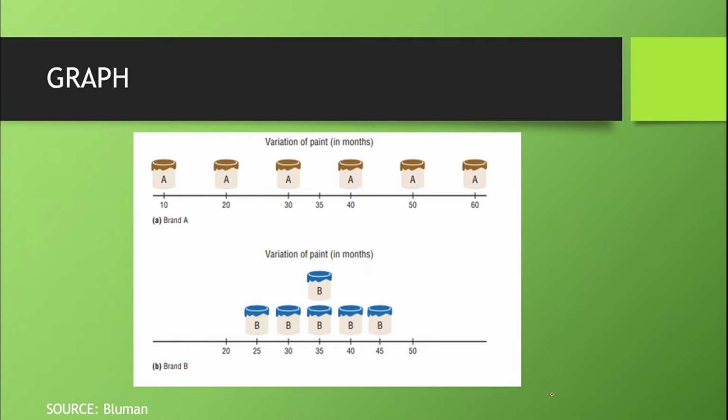Okay, so let us look at this graph. With respect to the mean, which is 35, we could say that brand A is more variable than brand B, or shall we say brand B is less variable than brand A. So with respect to its mean of 35, we could say that brand B is more consistent than brand A, because the data of brand A are more spread out or dispersed compared to brand B. So this is the use of measure of dispersion.